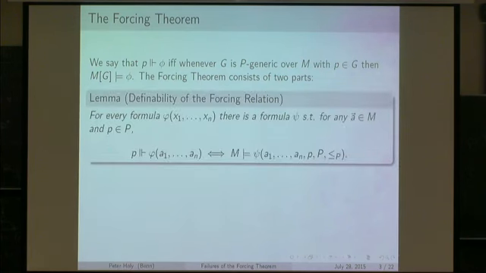The first one is the definability of the forcing relation. This says if we have a formula phi in variables x1 to xn, then there is a formula psi such that for any sequence of names in our model M, so M is the ground model, and any condition p in the forcing, we have that p forces phi of this sequence of names if and only if M satisfies the statement psi of this sequence of names, the condition, and the forcing P together with its extension relation.